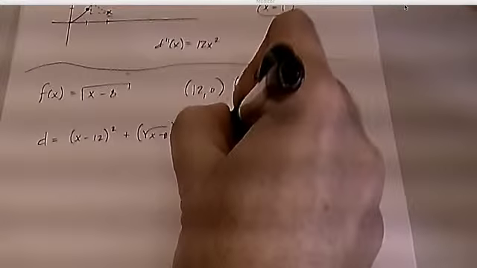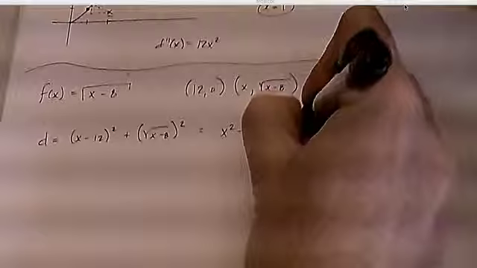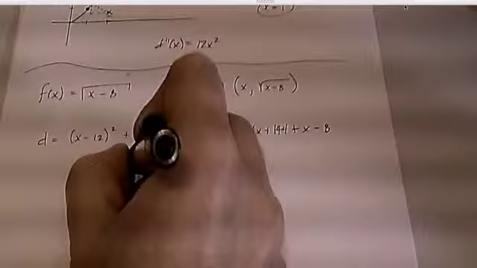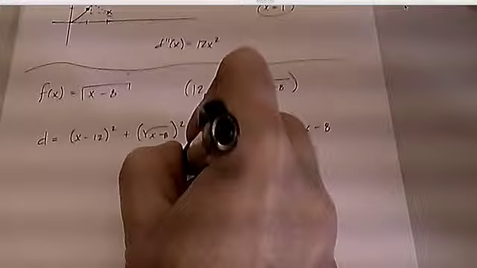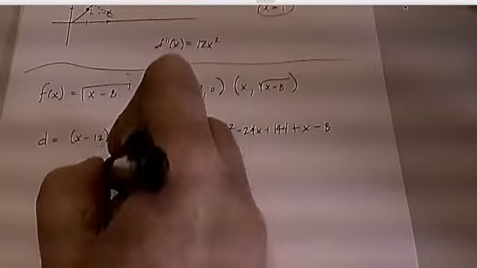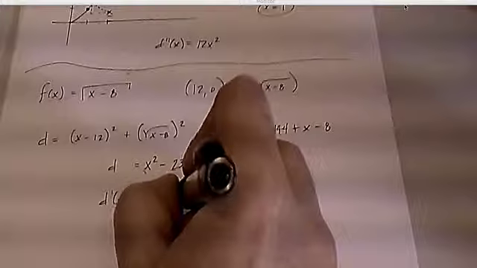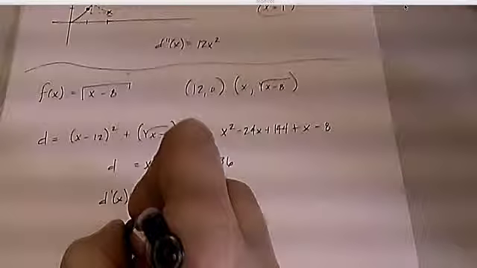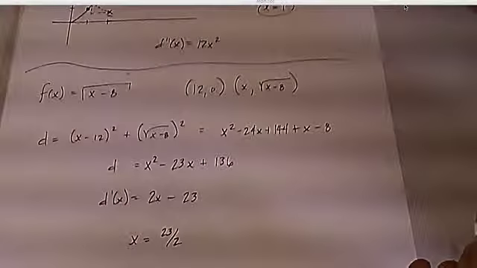So that winds up being x squared minus 24x plus 144 plus x minus 8, or x squared minus 23x plus 136. Well, if that's the case, then d prime of x is 2x minus 23, or x is equal to 23 halves.